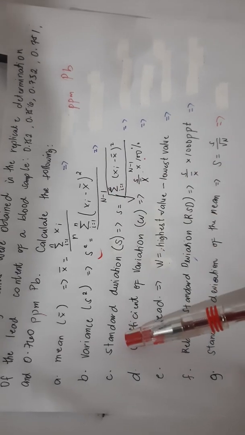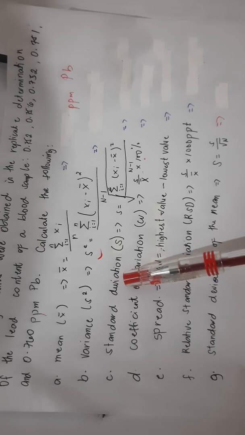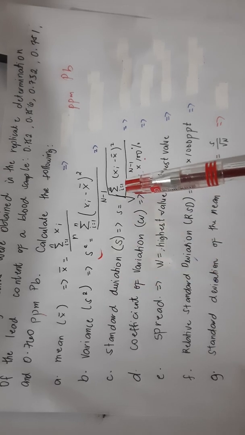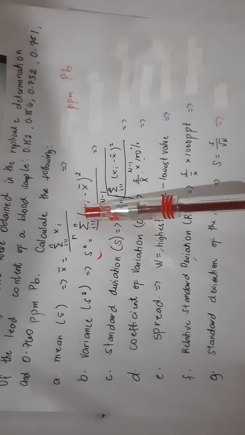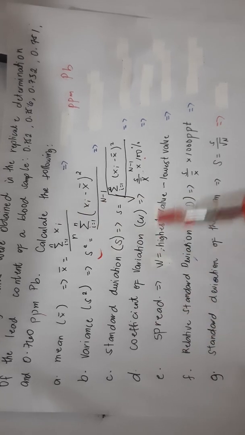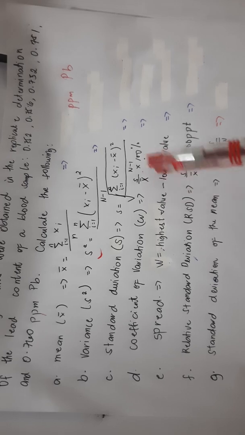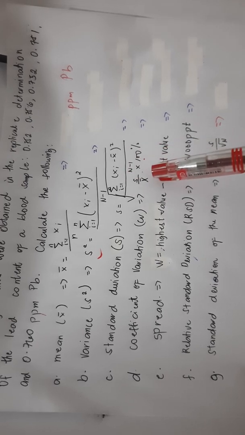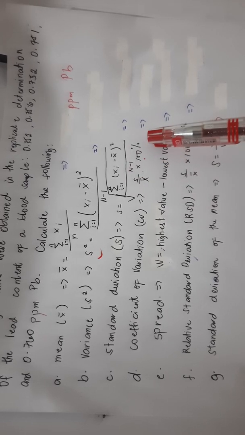Then we also have the standard deviation, which is the square root of our variance. Then we have our coefficient of variation, CV, which is the standard deviation over our mean times 100%.